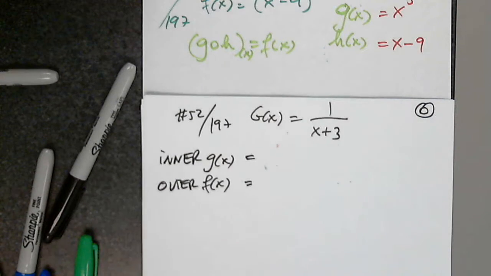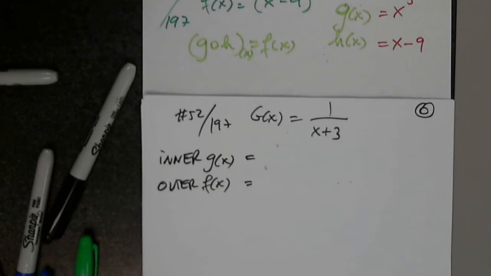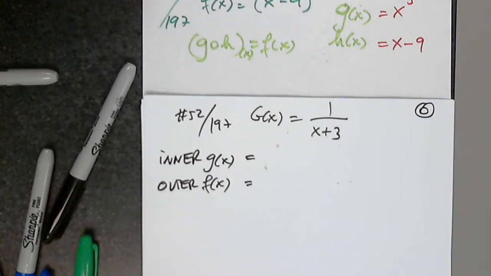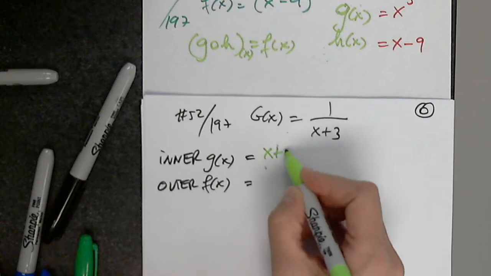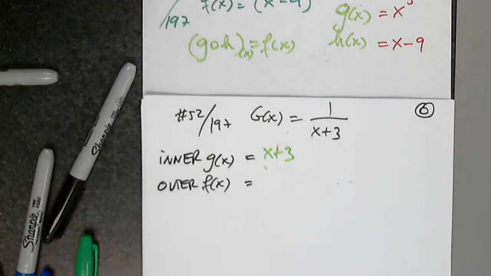And by the way, there is not a unique answer. You may find 2, and I may find 2 more. Inner is the first function. If I want to evaluate this uppercase G function for anything, that's what I have to do first. I get a number. What do I do with that number?